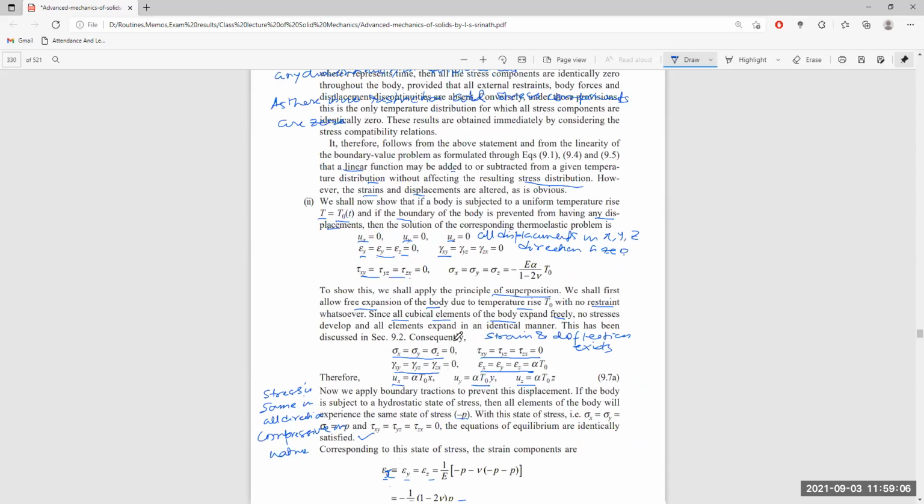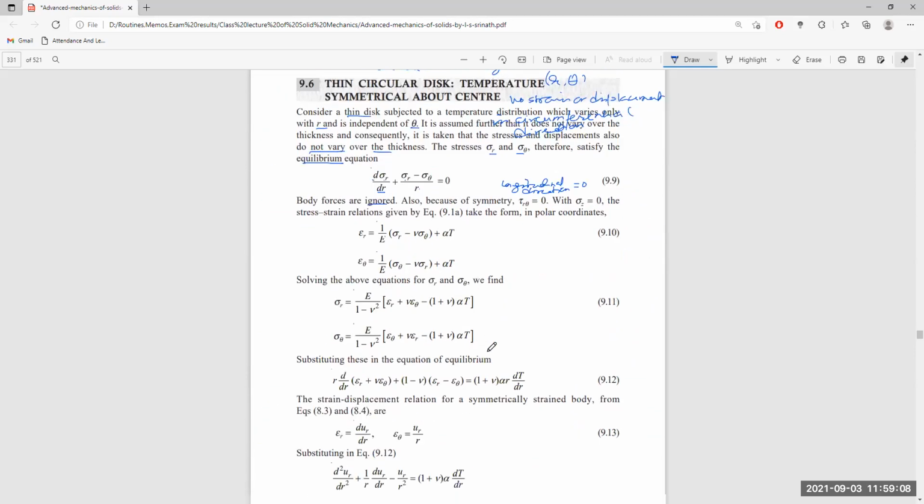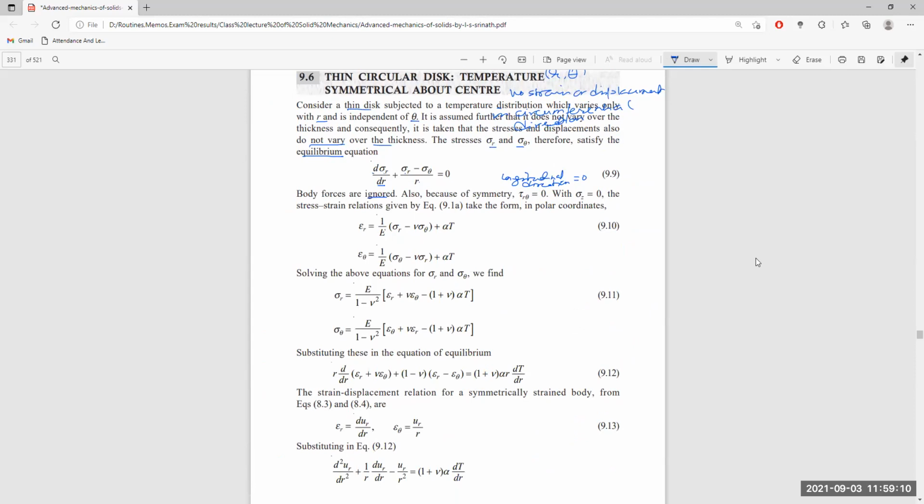Thus, what we get here in polar coordinates, we put epsilon r in place of epsilon x: epsilon r equals 1 by E into sigma r minus mu sigma theta plus alpha into T, then epsilon theta equals 1 by E into sigma theta minus mu sigma r plus alpha into T itself.